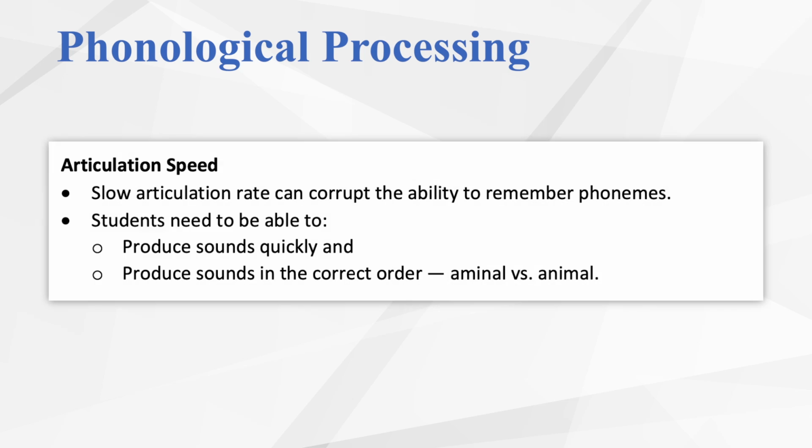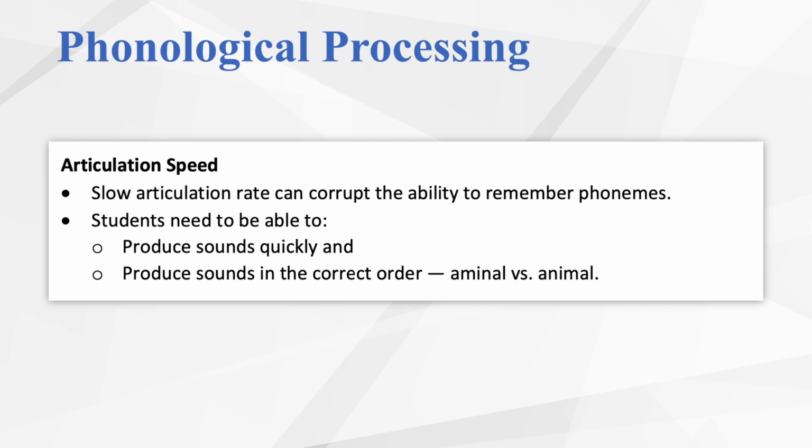The next subskill we'll review is articulation speed. Articulation speed involves the ability to pronounce sounds accurately, quickly, and fluently. Inability to articulate sounds quickly and automatically will often make it difficult for students to pronounce the right word in text. Some mispronunciations are developmental, for example, aminal versus animal, or pischetti for spaghetti.